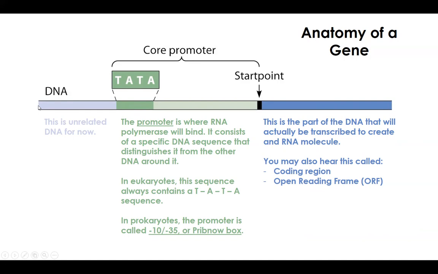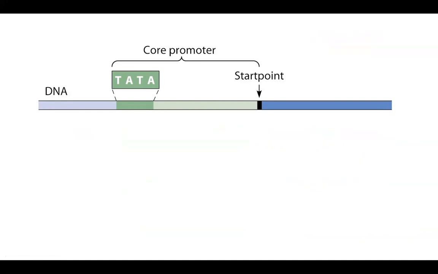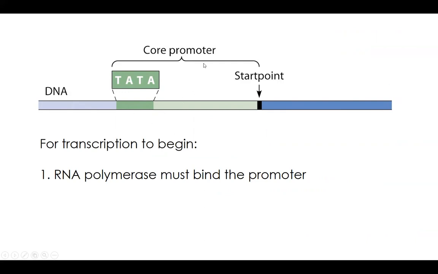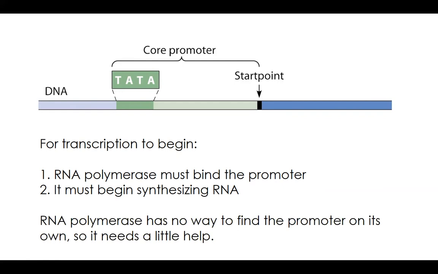Okay, so for transcription to begin, RNA polymerase must sit on the promoter, and it must begin synthesizing RNA. Even though it must sit on the promoter, RNA polymerase actually has no biochemistry that allows it to find this TATA box sequence on its own.